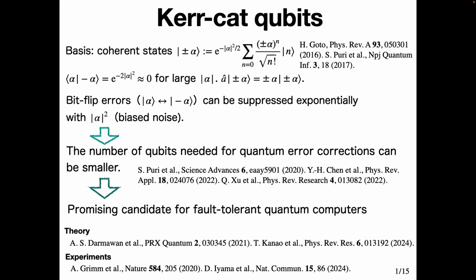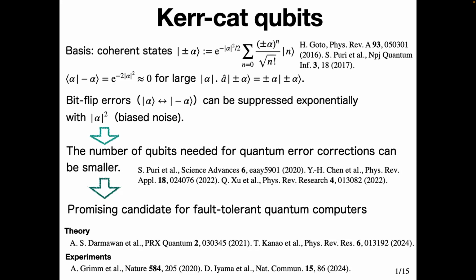As you can see, Kerr-cat qubits are resistant to single photon loss. So bit-flip errors are suppressed exponentially with alpha squared. And thanks to this biased noise nature, for quantum error corrections, we almost need to focus on phase flip errors.